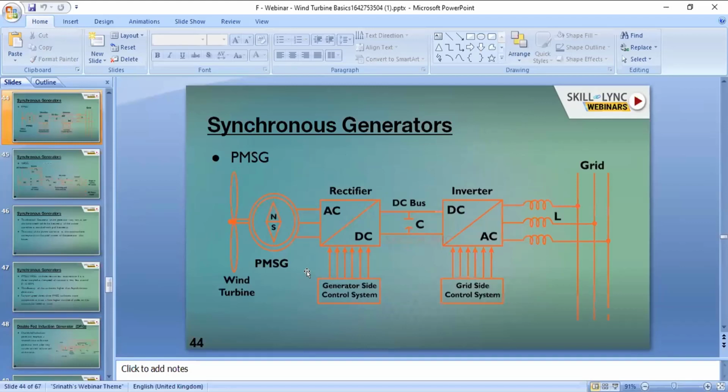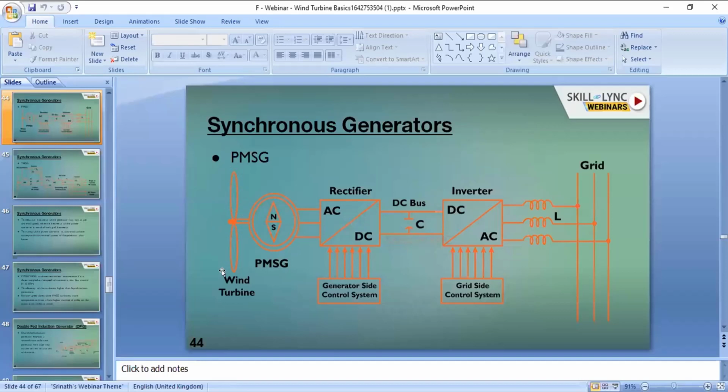So this is the schematic diagram of the permanent magnet synchronous generator. This is the wind turbine. These are the blades. This is the hub, and this is directly connected to the generator. It's called a permanent magnet synchronous generator. So here there is no gearbox.